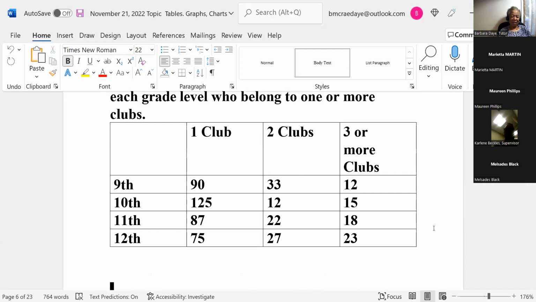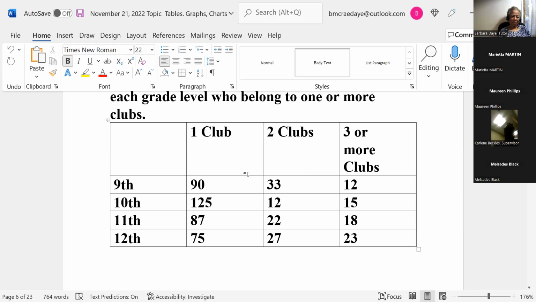Here's ninth grade right here. They got 90 in one club, 33 in two clubs, 12 in three or more. So how many are in more than one club?